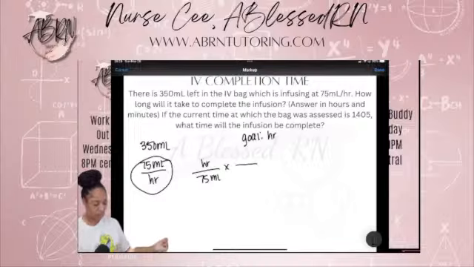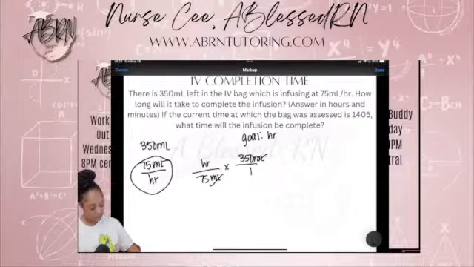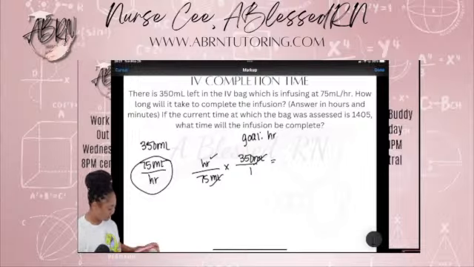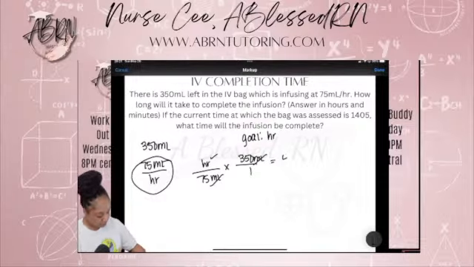All right, so hour over 75 ml. And then we've got our 350 milliliters over 1. Your milliliters cross out and you're left with your hours, okay? So we'll do 350 divided by 75, which is 4.6 repeating. Remember, this part right here is your hour.